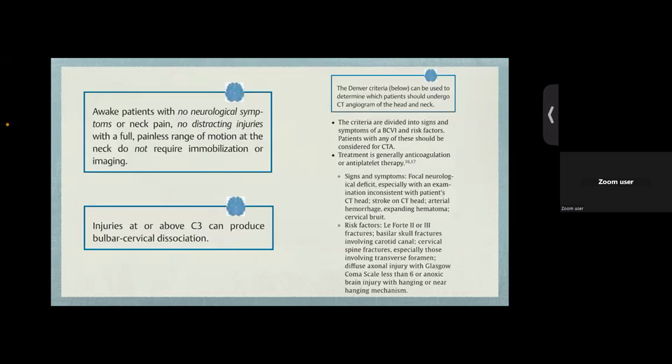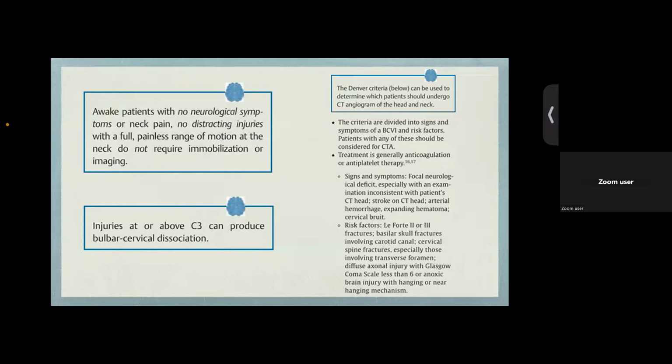Just of note, in summary, awake patients with no neurological symptoms or neck pain, or no distracting injuries, with a full painless range of motion at the neck do not require immobilization or imaging.